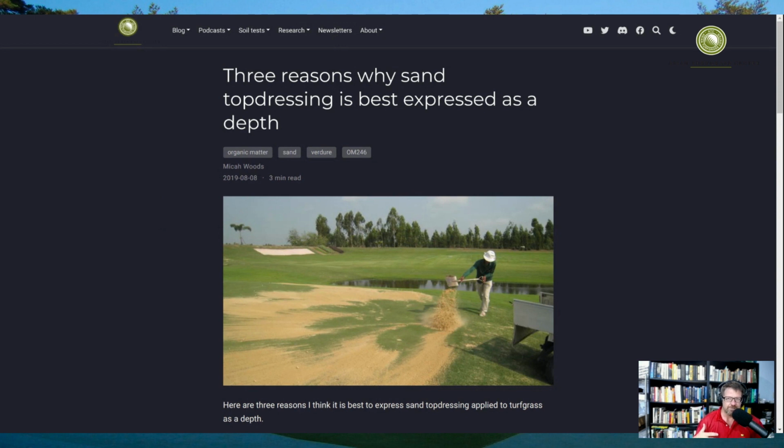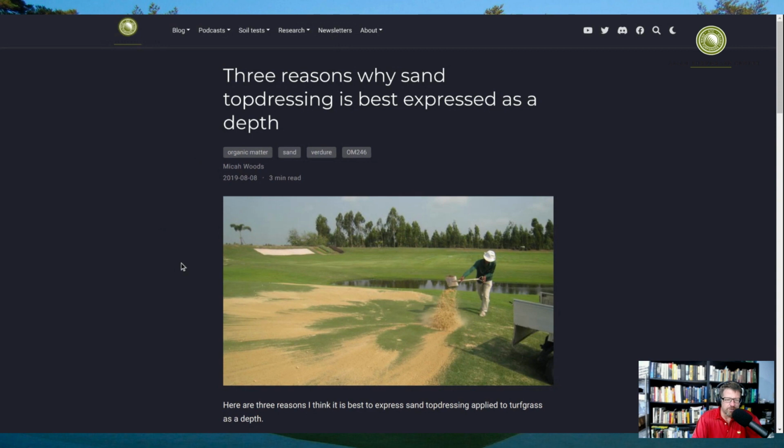And basically at the end of every year or the end of every growing season, whether you're managing sports turf, golf turf, or top dressing other types of surfaces, I think it makes sense to know how much sand has been applied. And I recommend using certain units for more clear communication about that.